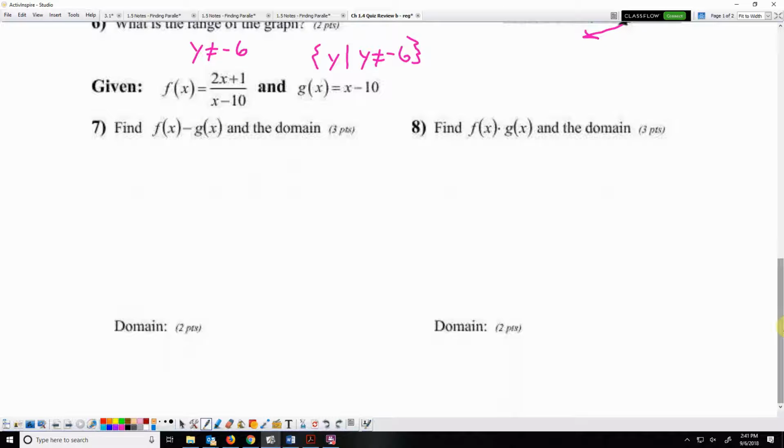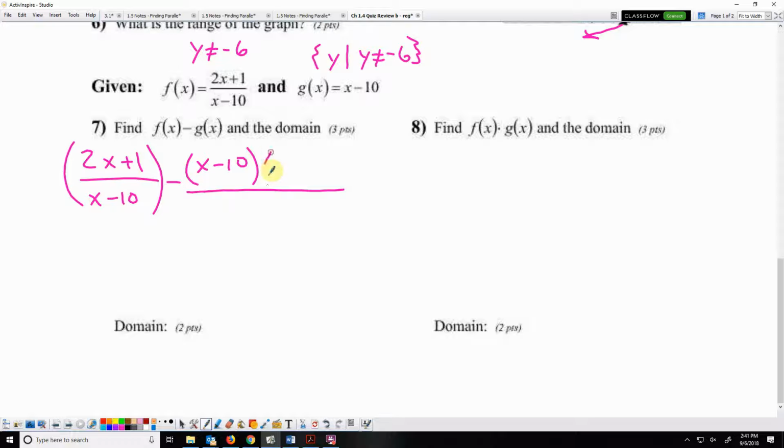Find f of x minus g of x and the domain. So I need a common denominator, which means I'm going to have to multiply this second one by x minus 10 over x minus 10.